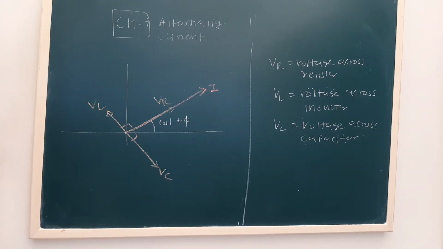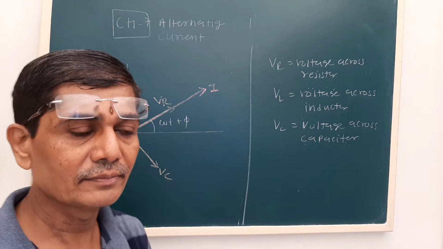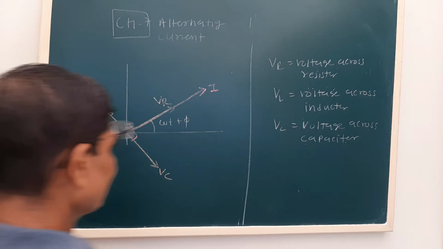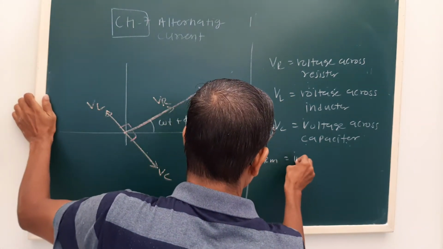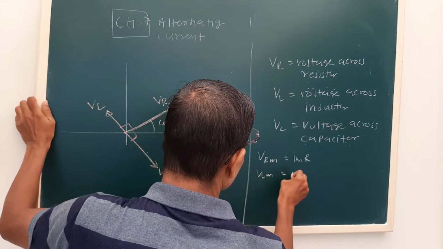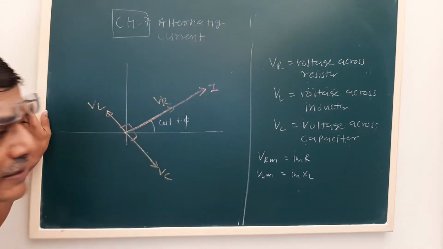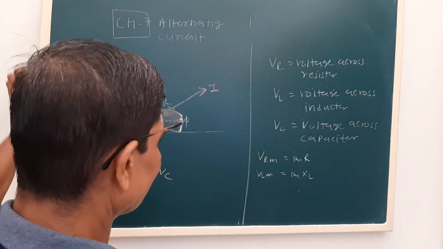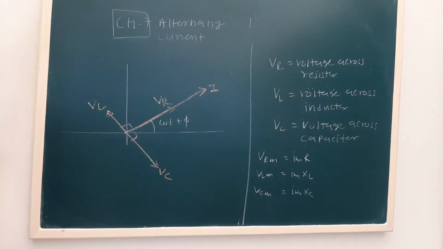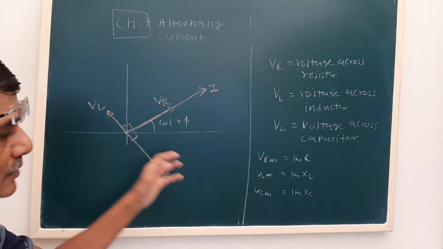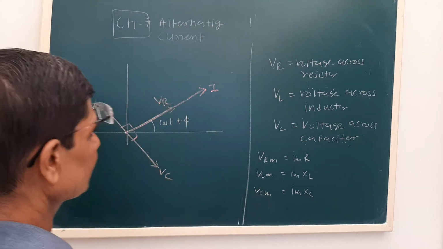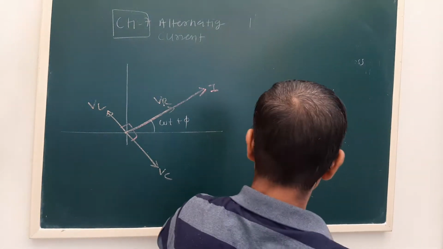The potential differences across resistor, inductor and capacitor we can write as VRM equal to IM into R, where IM is the maximum current, VLM equal to IM into XL, where XL is the inductive reactance, and VCM equal to IM into XC, where XC is the capacitive reactance. Now, by using the same notation, we have to redraw the diagram. It will be like this.